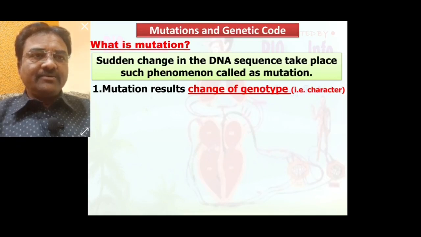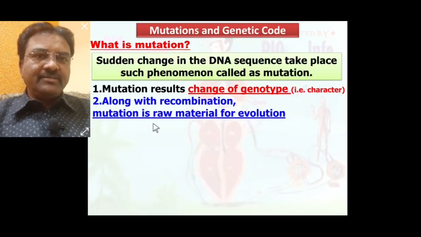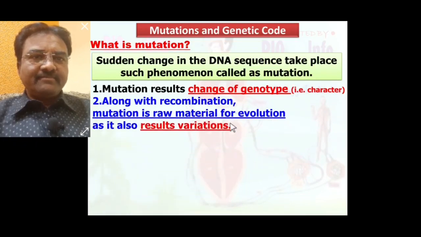Along with recombination, mutation is the raw material for evolution. Always remember this. It also results in variation.